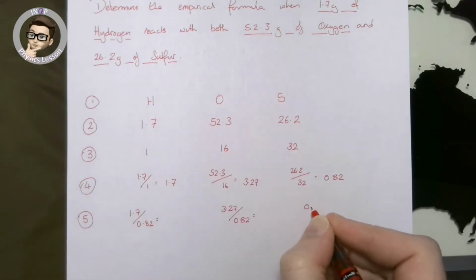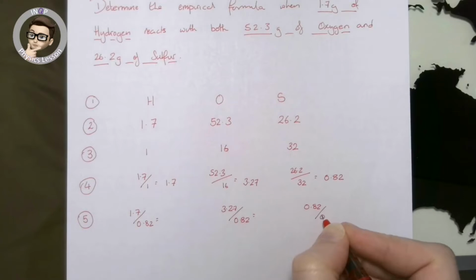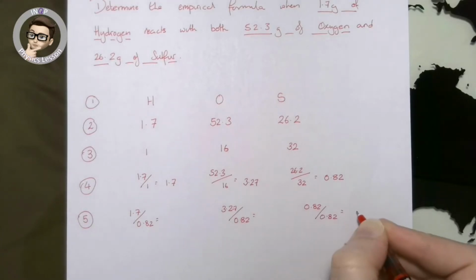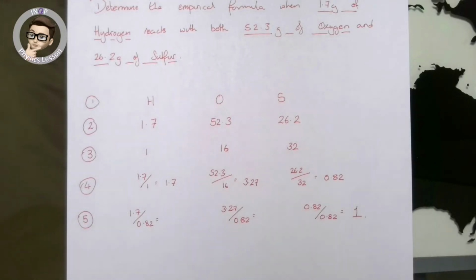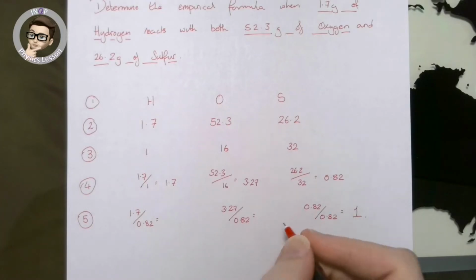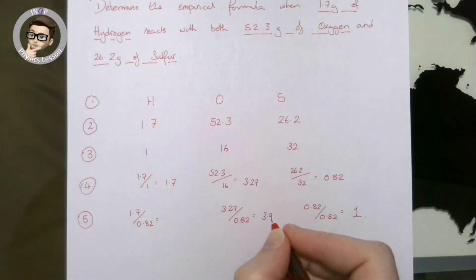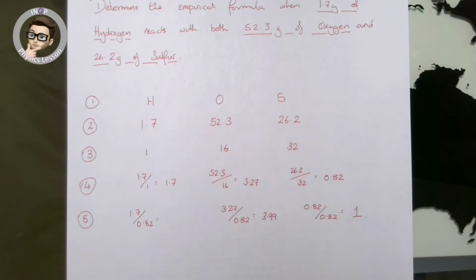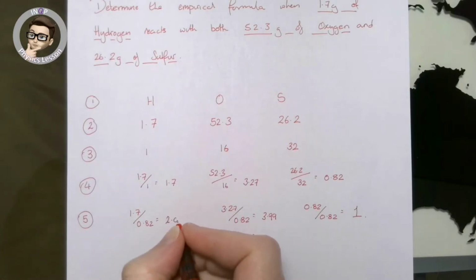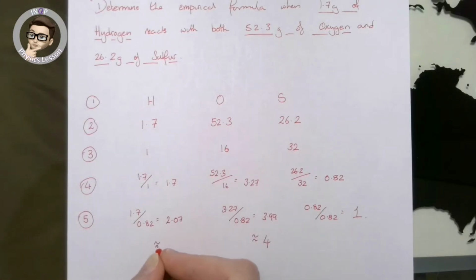And I'm going to do 0.82 divided by 0.82. Well, I know that that one is 1. And if we do 3.27 divided by 0.82, we should find that that one is 3.99. So very nearly 4. In fact, let's use our squiggly lines here to say that's 4. And 1.7 divided by 0.82 is 2.07, which is very nearly 2.